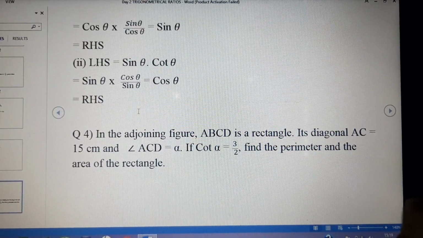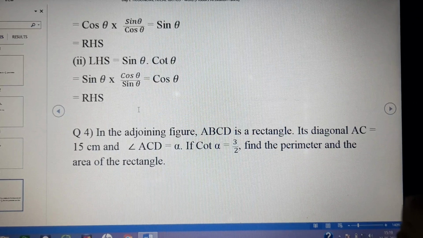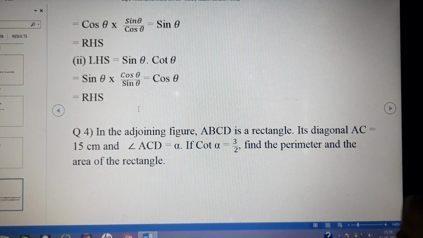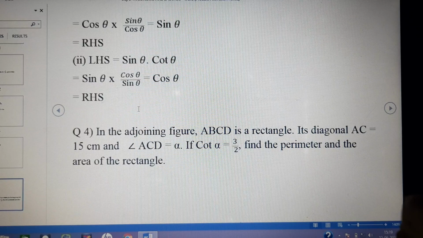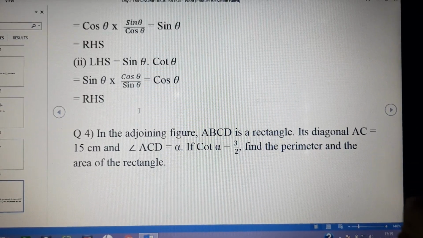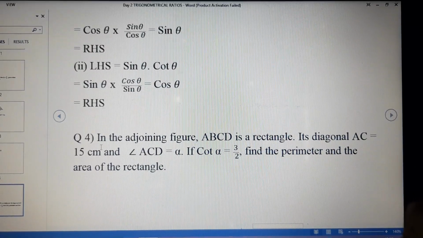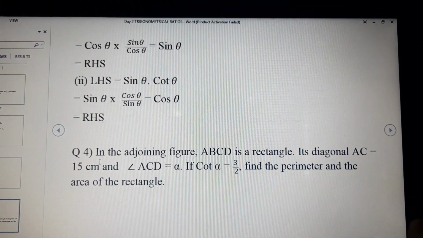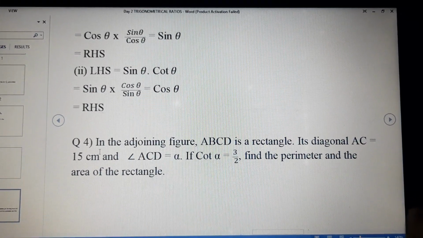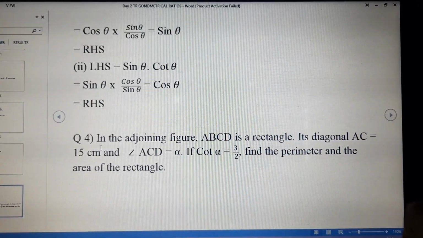So with the help of all these trigonometrical ratios, you can calculate the length of the side of a triangle. As we read question number 4, in the adjoining figure ABCD is a rectangle.